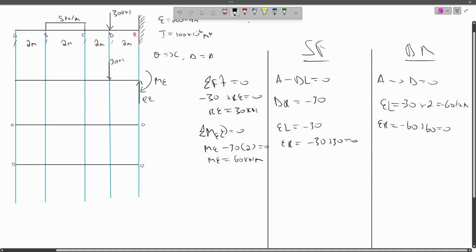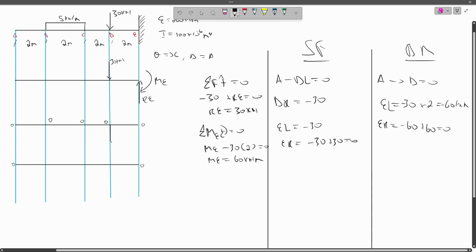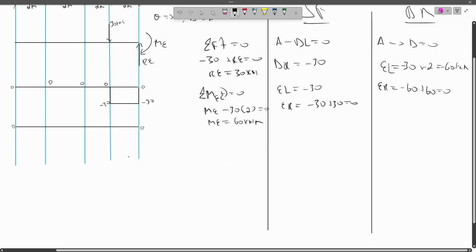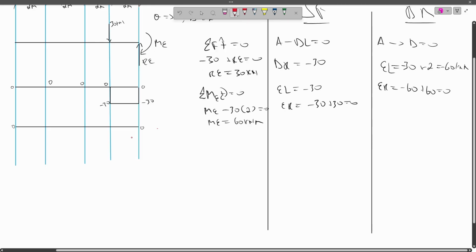Now let's draw our diagrams. So we have 0 here, 0 there, 0 there, and 0 here. And then we go to minus 30, and minus 30. And then our bending moment diagram, let's use red.